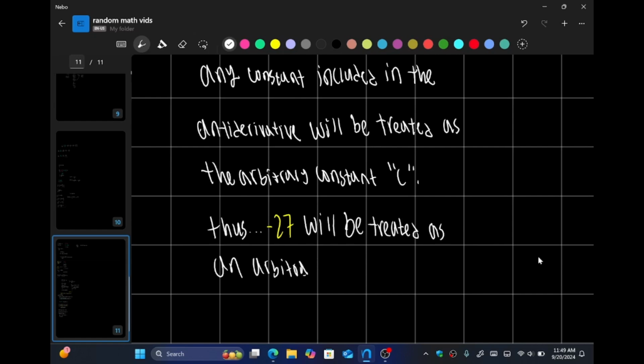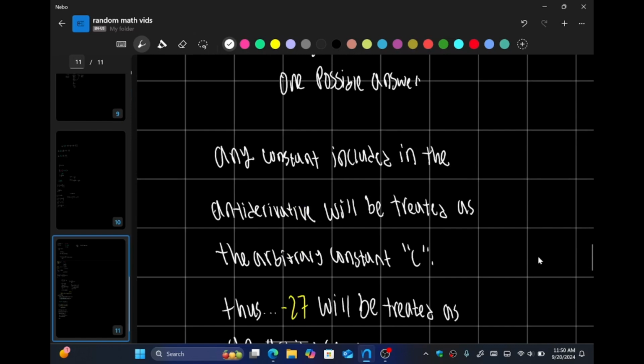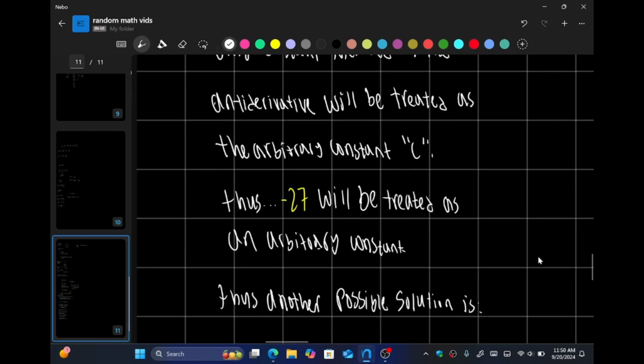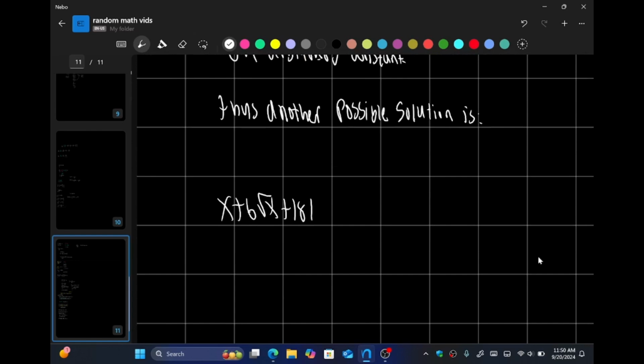Sorry, guys. So another possible answer is, right? It's going to be x plus 6 square root x plus 18 natural log of square root of x minus 3 plus constant of integration c.